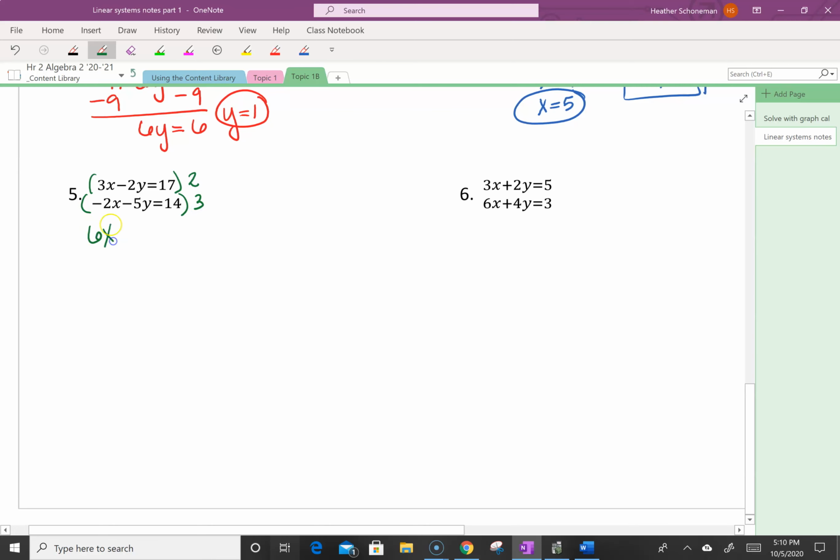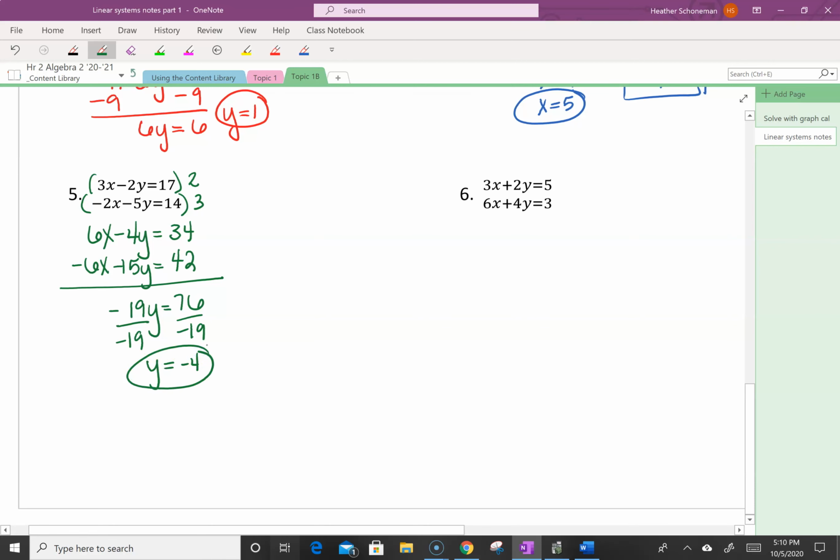So on the top, I get 6x minus 4y equals 34, and then I get negative 6x minus 15y equals 42. Okay, the x's cancel, and I get negative 19y equals 76. Divide by negative 19, so y equals negative 4.